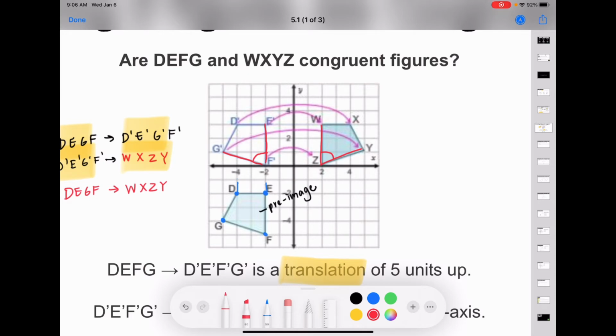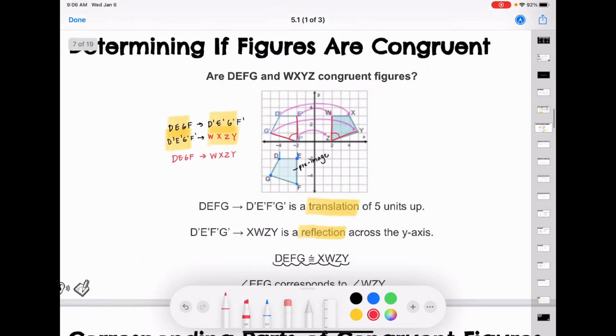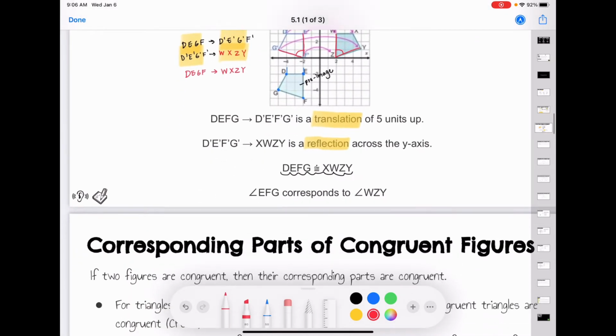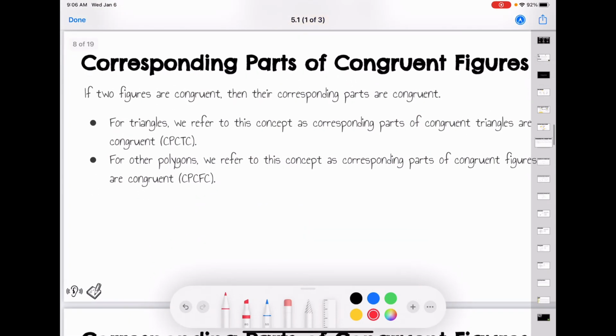So that just means that those two angles would also be congruent, even though we changed those vertices, right? So we get that EFG is congruent to, or corresponds to, XYZ. Okay, let's go ahead and move on.